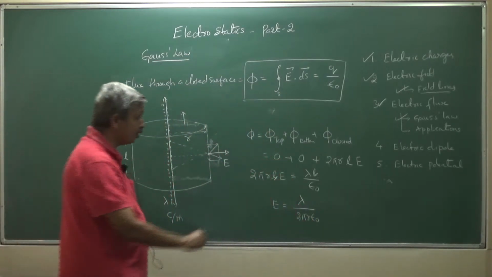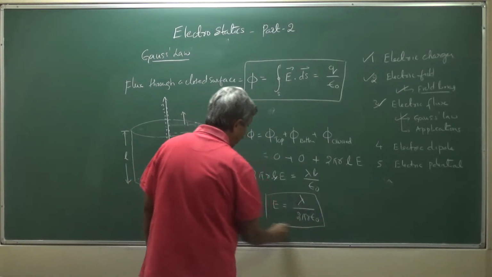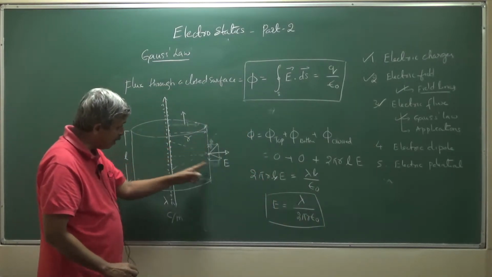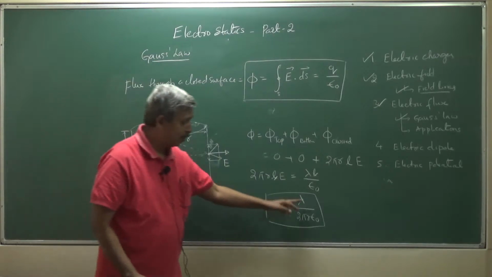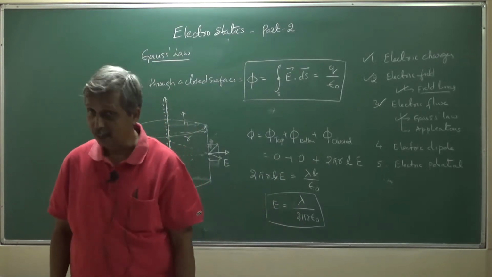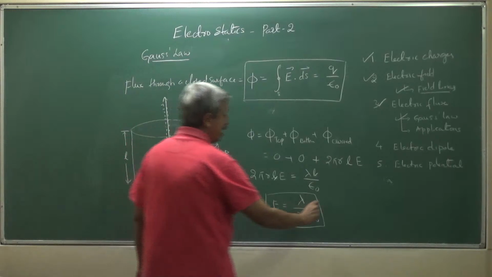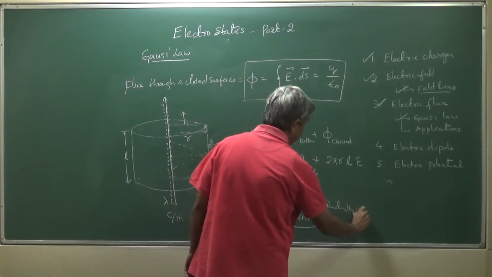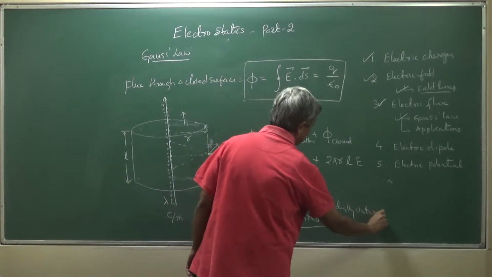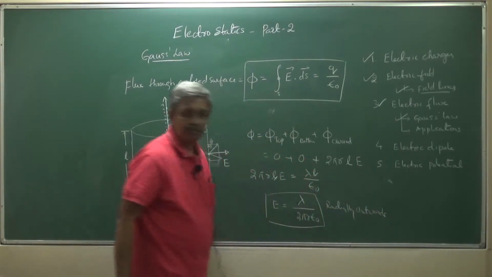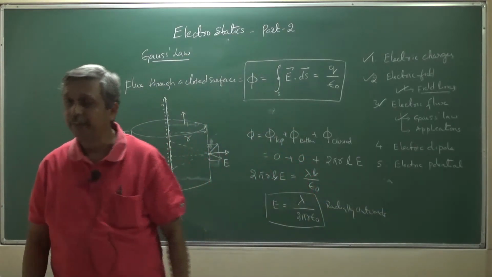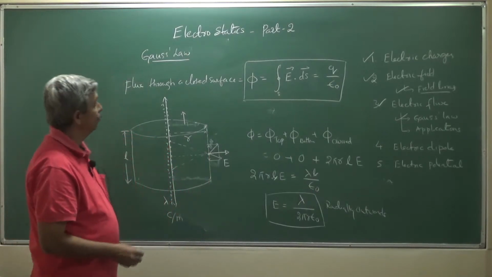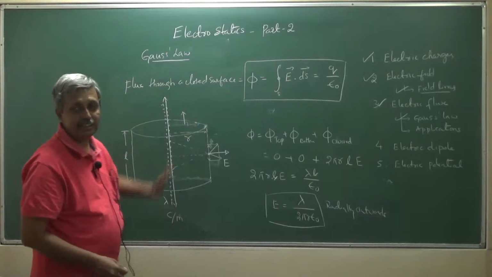So we found the electric field at this point P, and not only at P, at all points on the cylinder, the electric field is given by lambda by 2 pi epsilon naught r, and the direction is radially outward. This is how we can use Gauss's law to calculate the electric field.